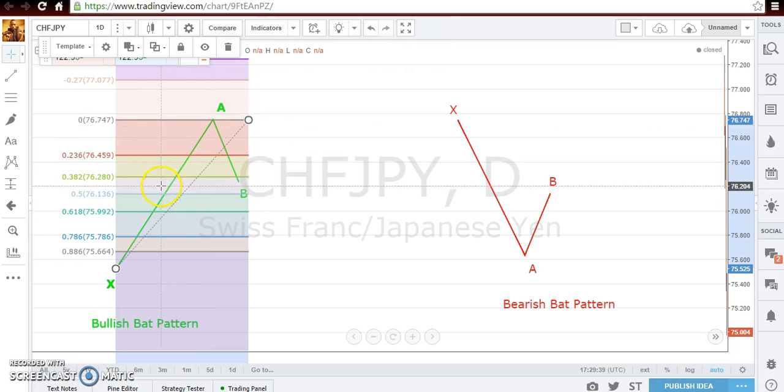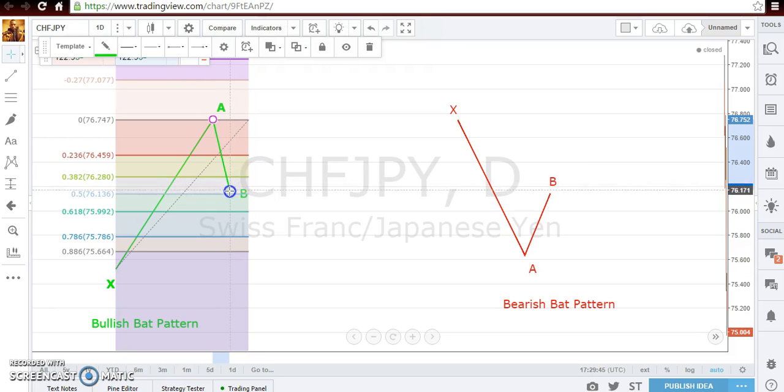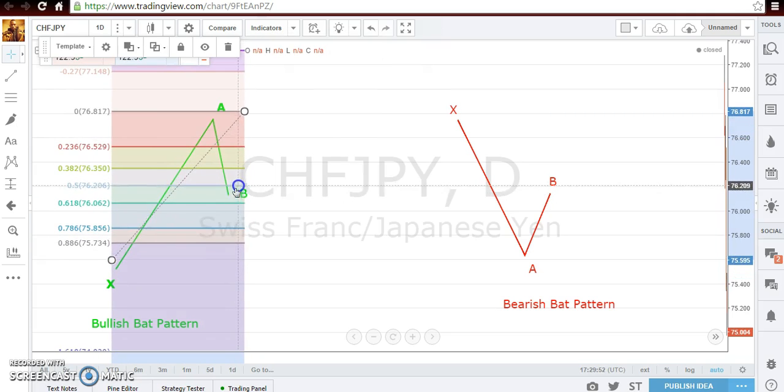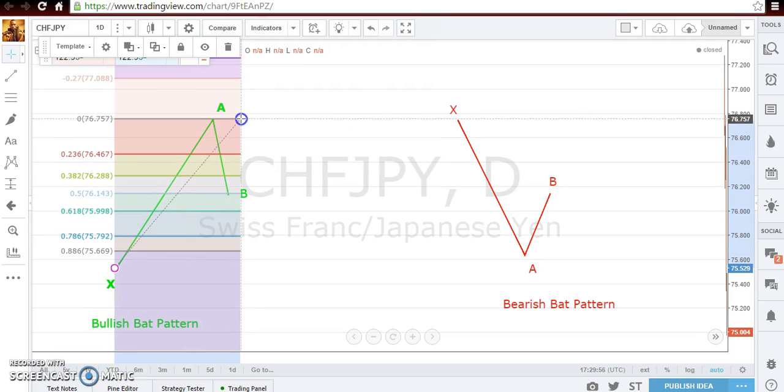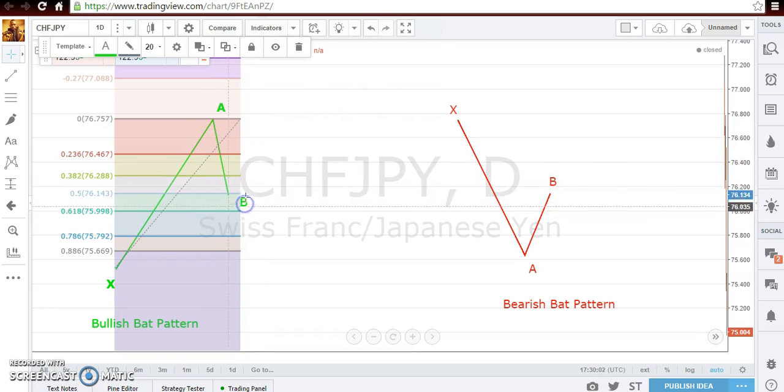Once you draw that, this is very, very important. This is what you're looking for. For a bat pattern, this B must touch the 50% retracement and cannot touch any other line after that. This is a very important characteristic. B must touch the 50% retracement.